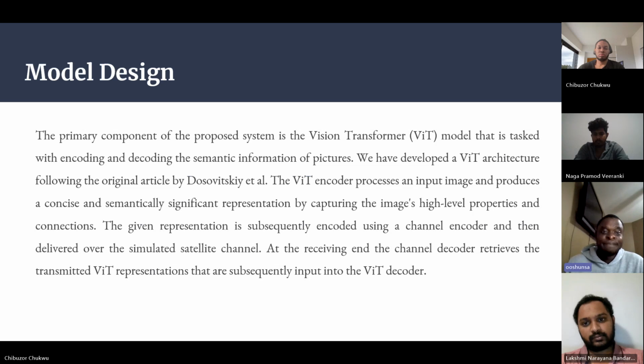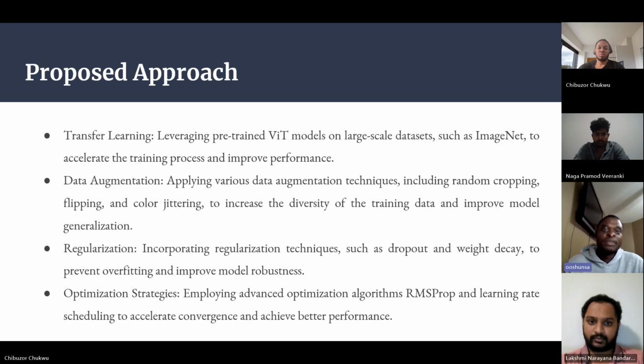We also have security and privacy. It implements security measures to protect the confidentiality, integrity, and authenticity of the semantically enriched data transmitted over the satellite network.